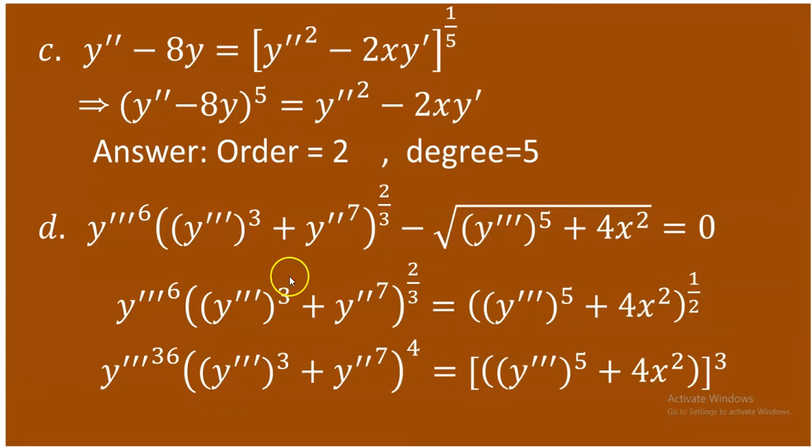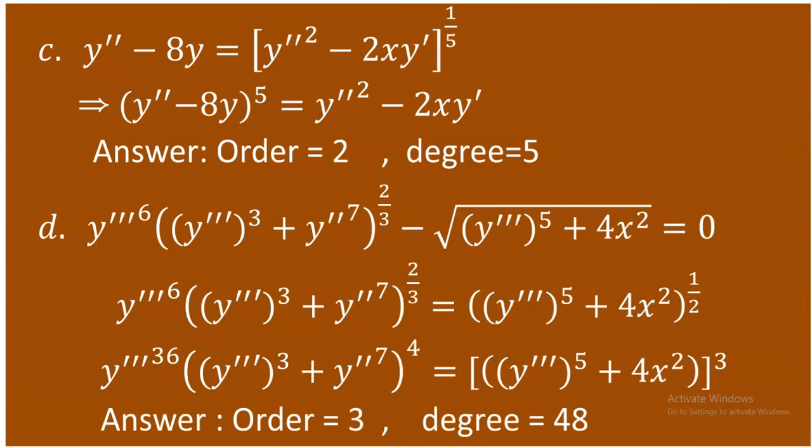Mind you, dear student, that in a certain differential equation, the order always exists, but it is not a must for the degree to exist. I hope you have understood the idea in a better way. Hence, as can be shown, the order is 3 and the degree is 48.